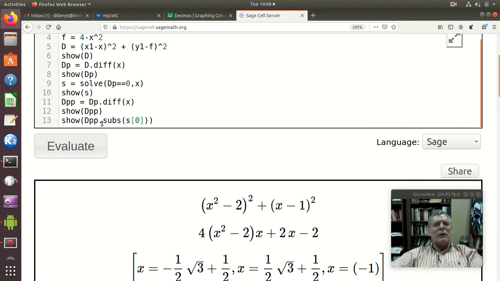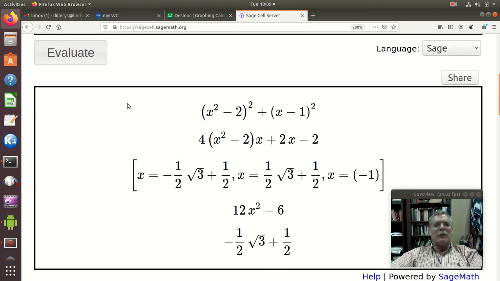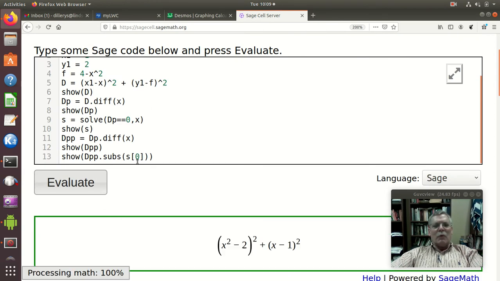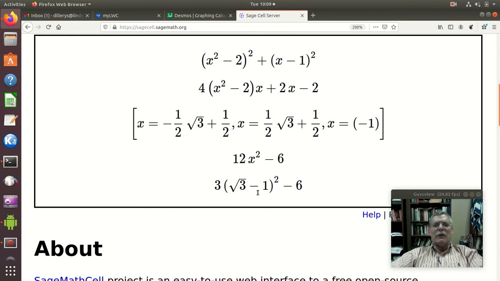So d double prime, substitute in x equals this thing. So let's try that, see what it comes up with. The worst that'll happen is it'll yell at me and say it can't do it. No, it does it just fine.